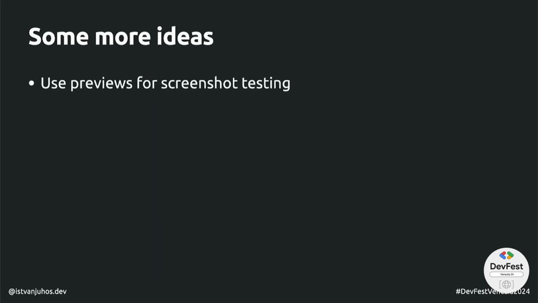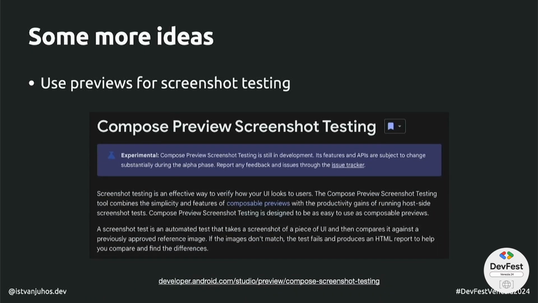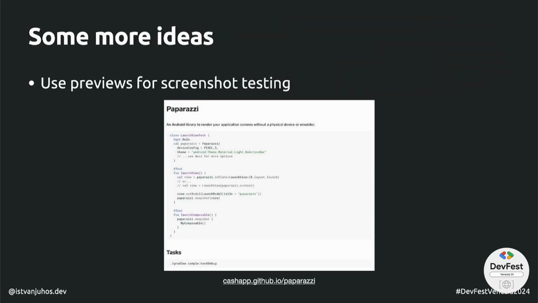You can use previews for screenshot testing, of course, because those are pretty much rendered images if you're not counting the interactive part. And there is a library that's kind of in the works. It didn't get any love in the last couple of months, so we don't know how this looks, actually. But you can just scratch that and use one of the third-party tools that are out there that does the thing that that first-party tool should be doing.